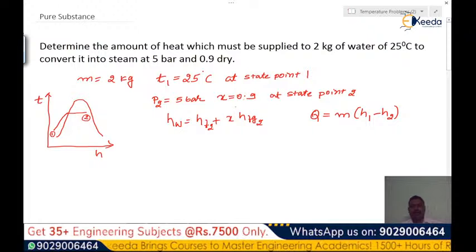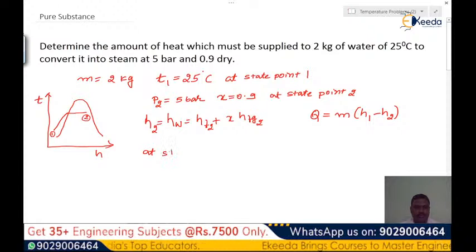Okay. So here H1 is the enthalpy of the steam at state point 1, and H2 is HW. Now first let us take what exactly H1 is.